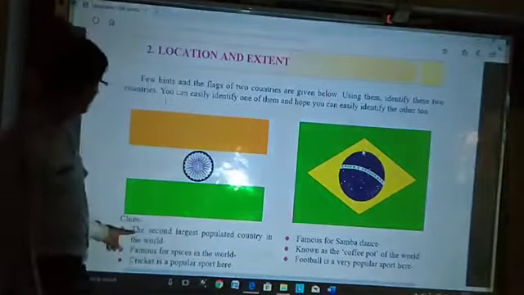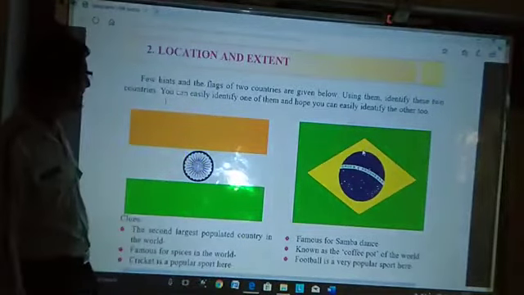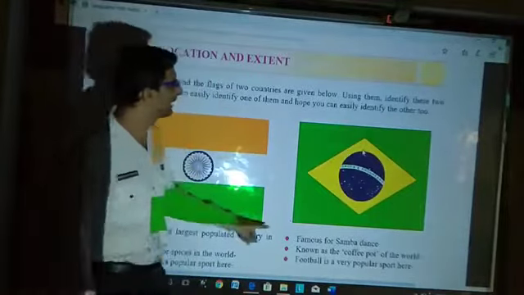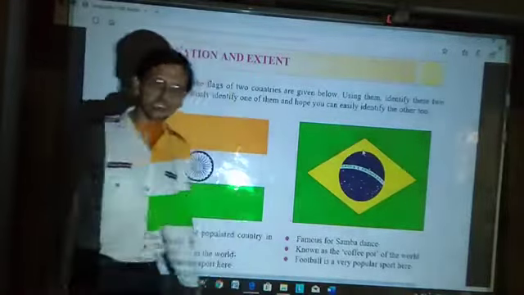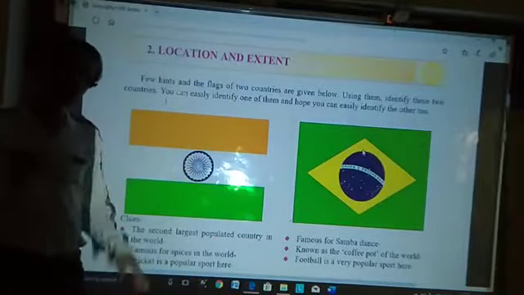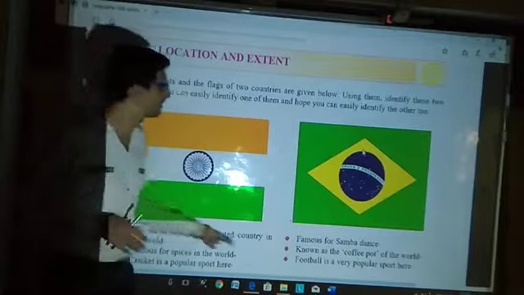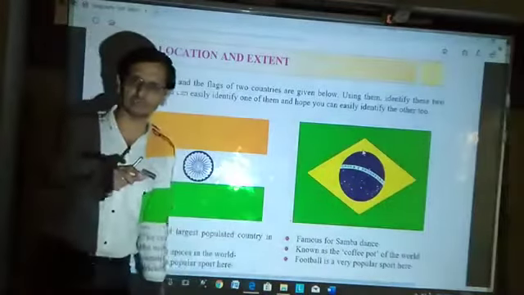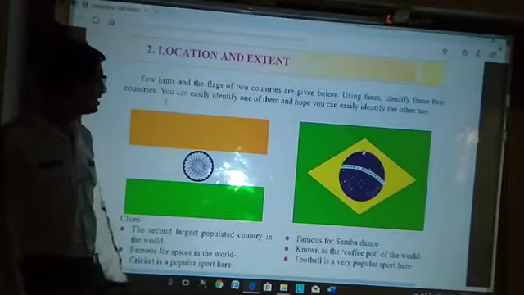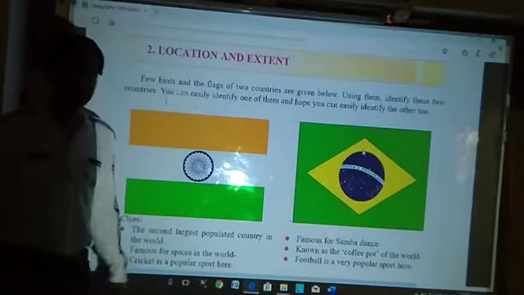Brazil is famous for samba dance. But first we will read all the clues in a streamlined manner. So the second largest populated country in the world is India.